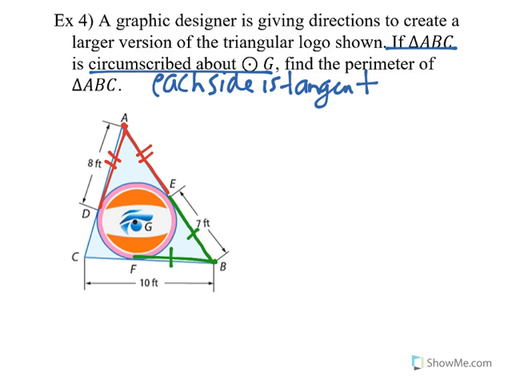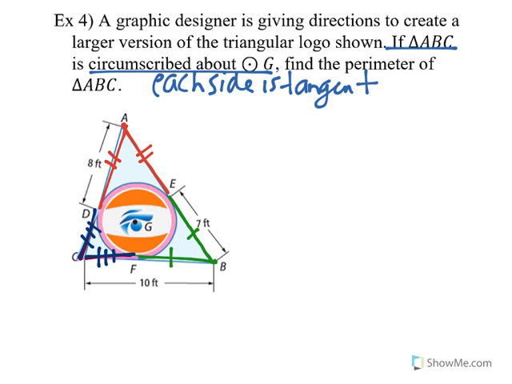And lastly, DC and FC, I'll use blue. DC and FC are also tangent to the circle and meet at point C, so they are congruent.